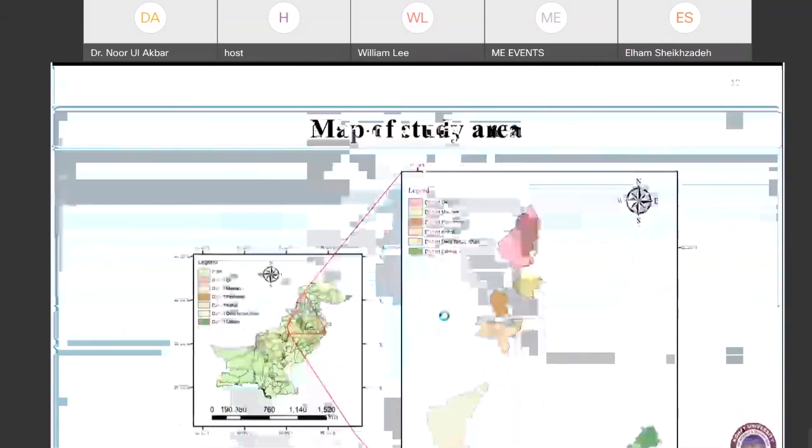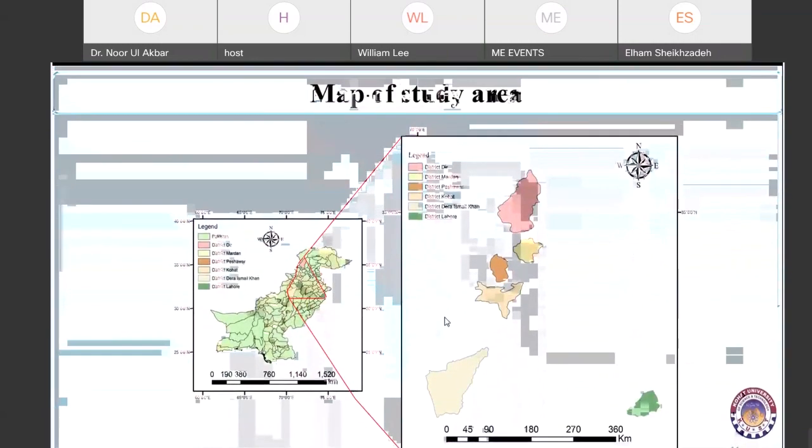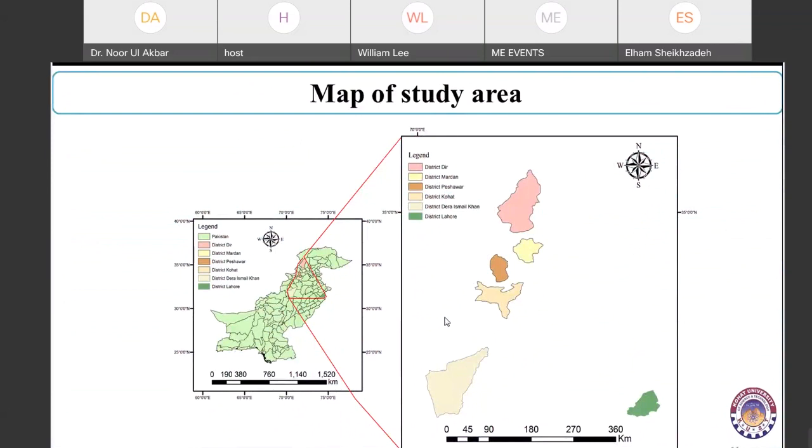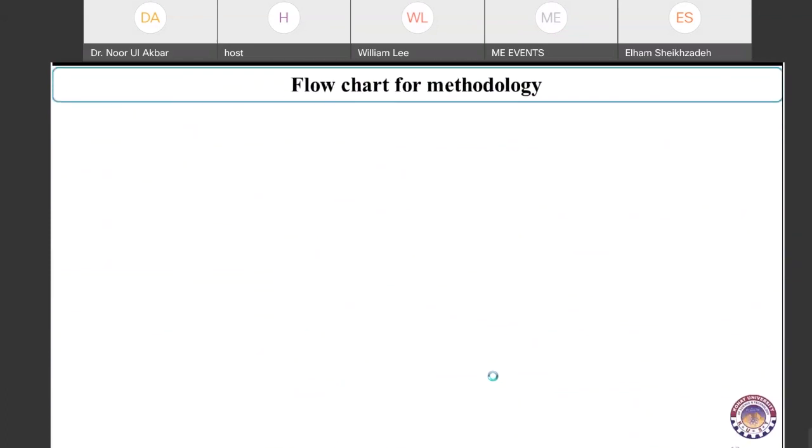Methodology. We collected some samples from different districts of Khyber Pakhtunkhwa, Pakistan, and other districts from Punjab, Pakistan: district Dir Lower, district Mardan, district Peshawar, district Kohat, district Dera Ismail Khan, and district Lahore. This is the flow chart.